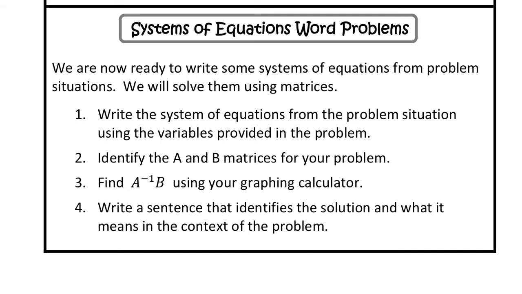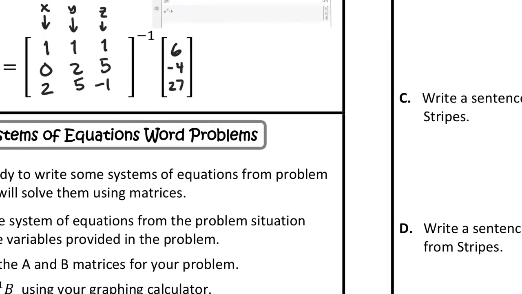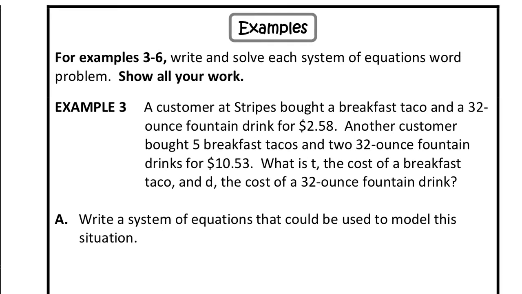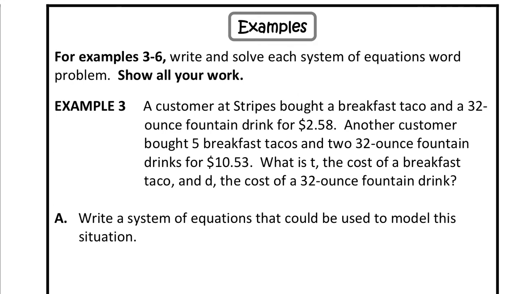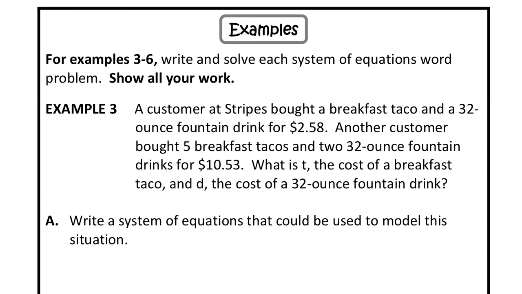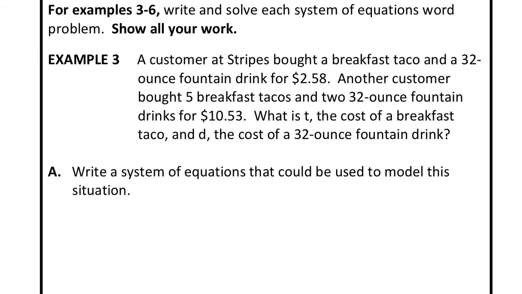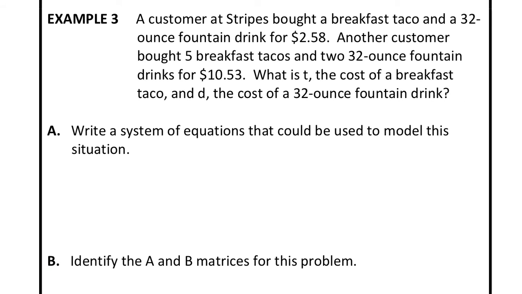Right, so let's look at this first example. Okay, so this is example 3. Write and solve each system of equation word problems. Show all your work. So let's look at example 3.